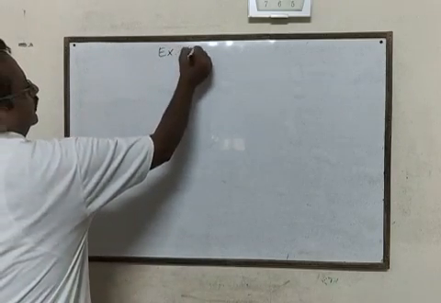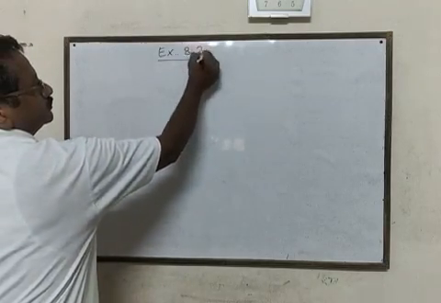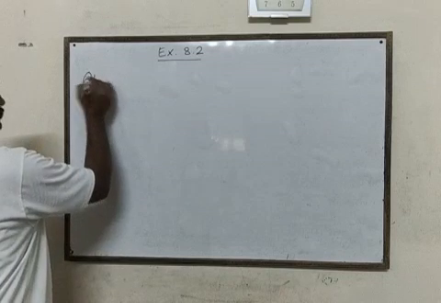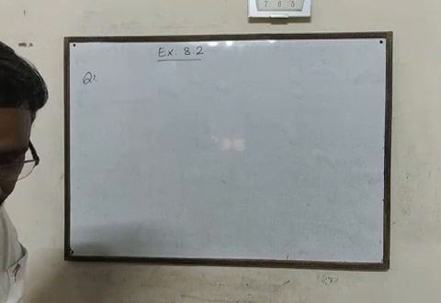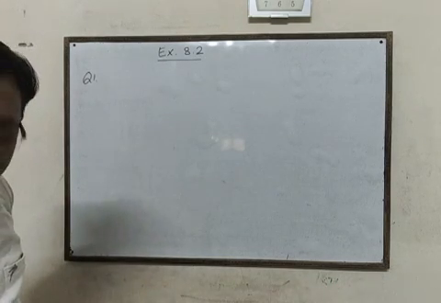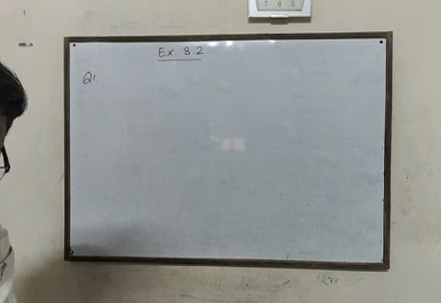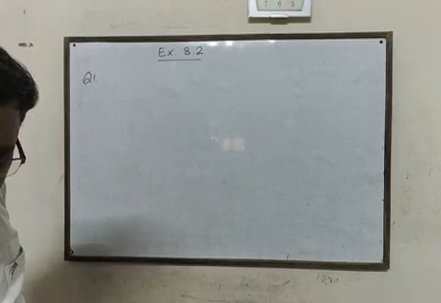Few numbers are given and we need to convert them into percent. We have two methods, direct method and unitary method. Because these are only numbers, we will use the direct method.